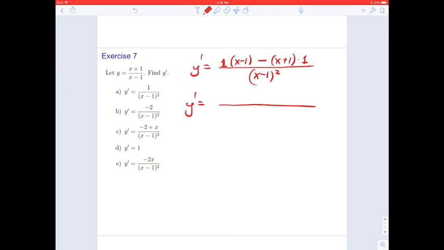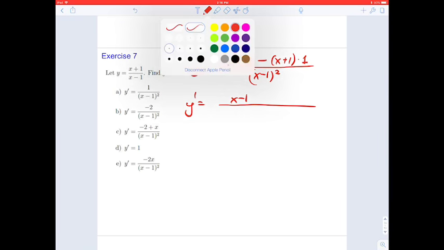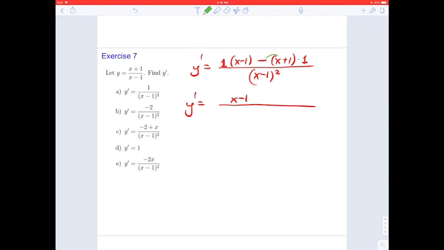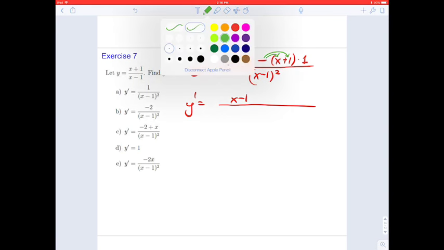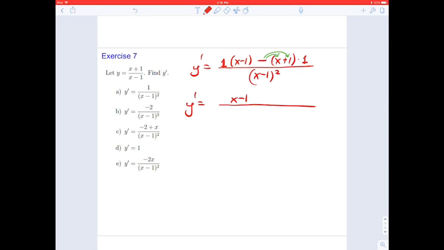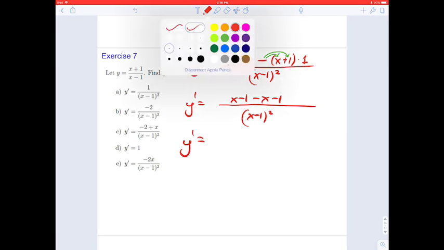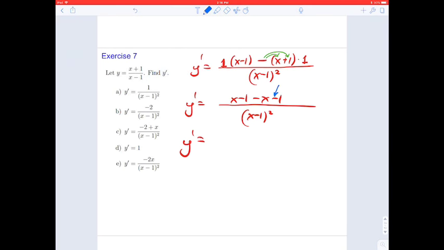Multiplying by 1, we're not changing anything, x minus 1. Now we have negative, this negative is affecting both items inside the parentheses. Negative x minus 1. Multiplying by 1 is not changing anything. Please remember especially this.